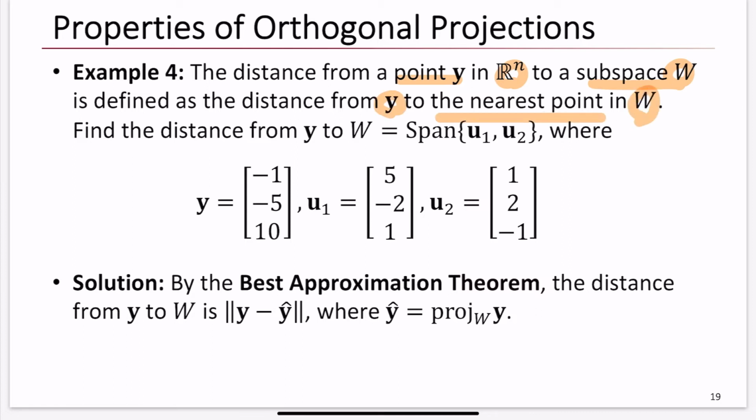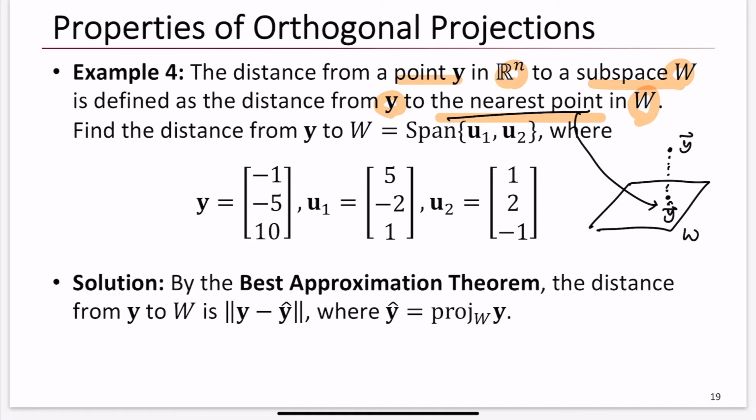W is here, vector y is here, then the distance is determined by the nearest point, which was the orthogonal projection of y onto w.